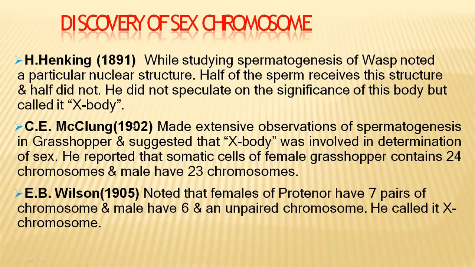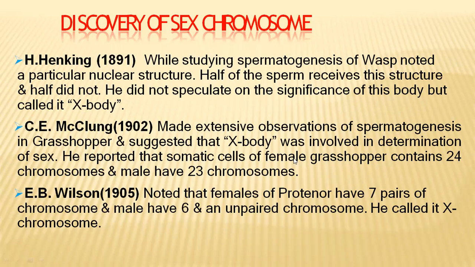Later in 1902, C.E. McClung made extensive observations in grasshoppers, also studying spermatogenesis. He also found the X body present in half of the sperm cells, and he suggested that this X body determines the sex of the embryos.